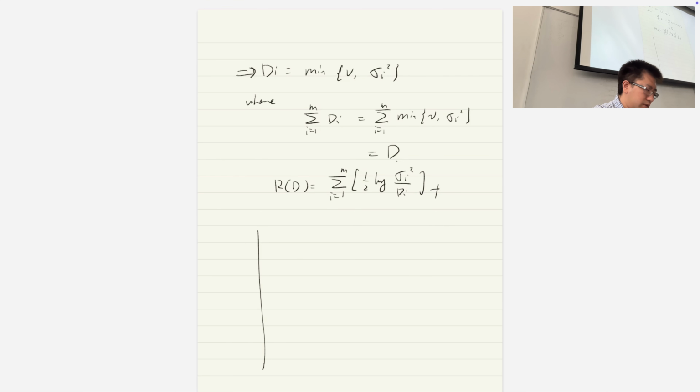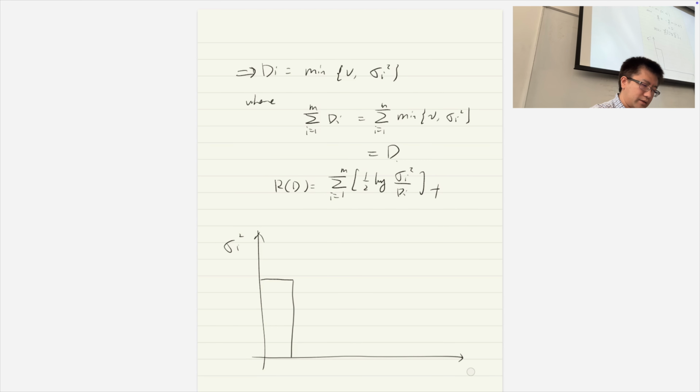So let's say here is a sigma i, and here is the distortion. Actually, here's not distortion, here's the variance.